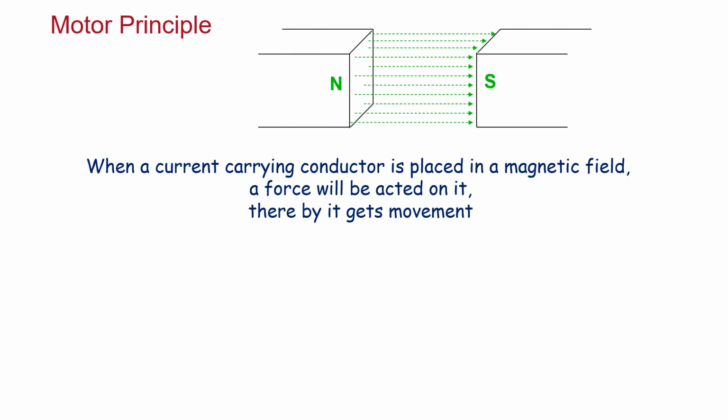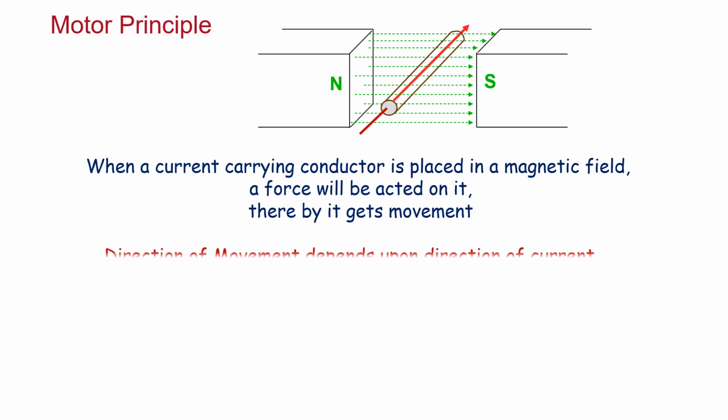We have the magnetic field lines between the two poles. In this magnetic field, place a conductor and pass current through this conductor. Because of this current carrying conductor placed in a magnetic field, a force will be acted on the conductor and it gets movement.